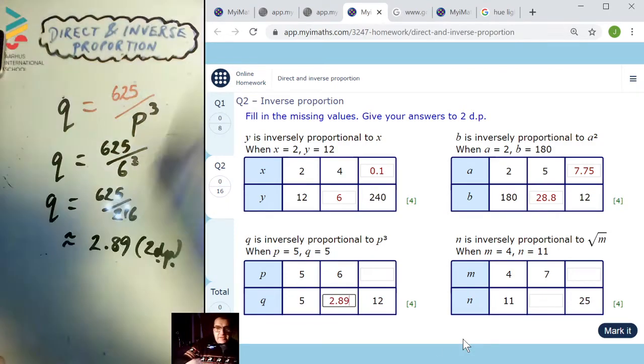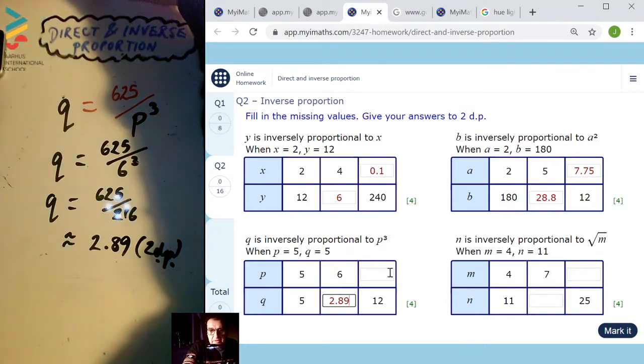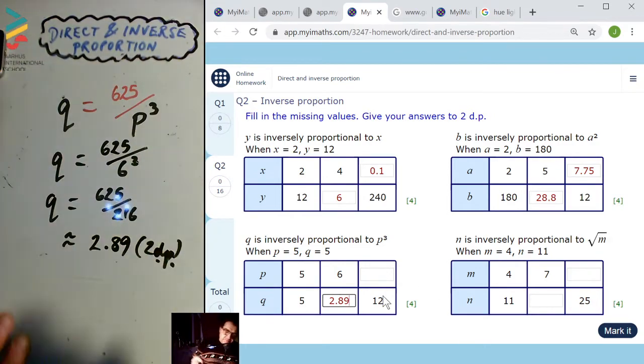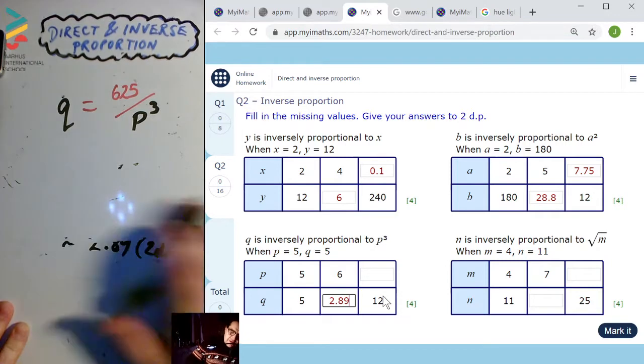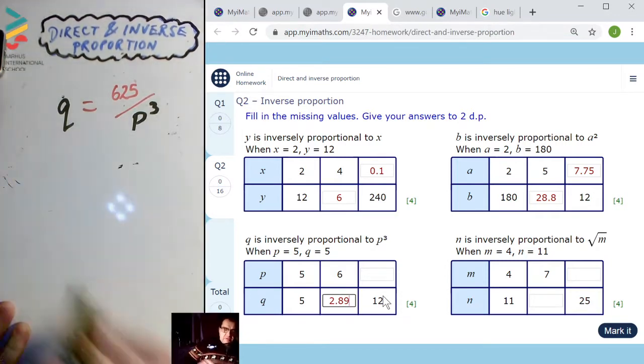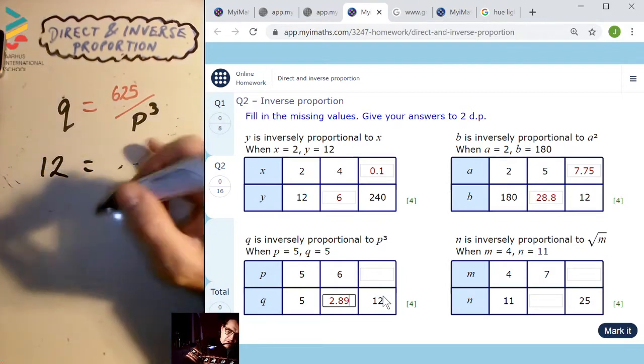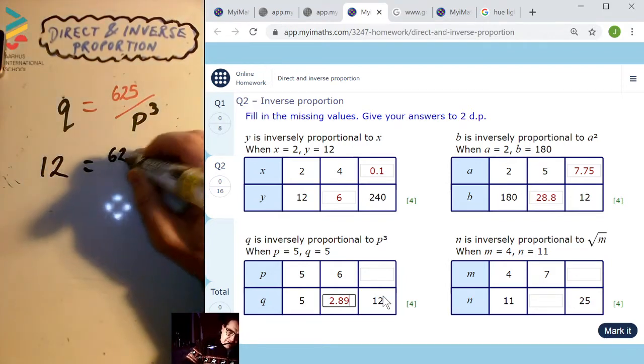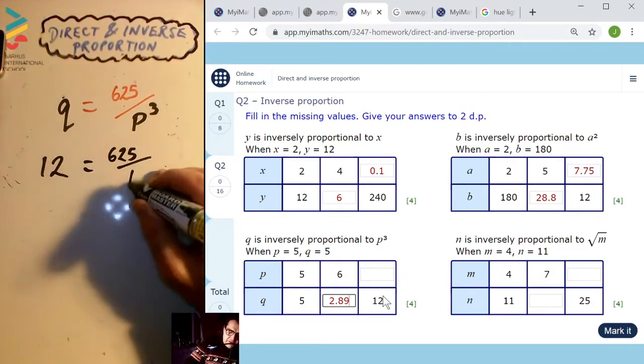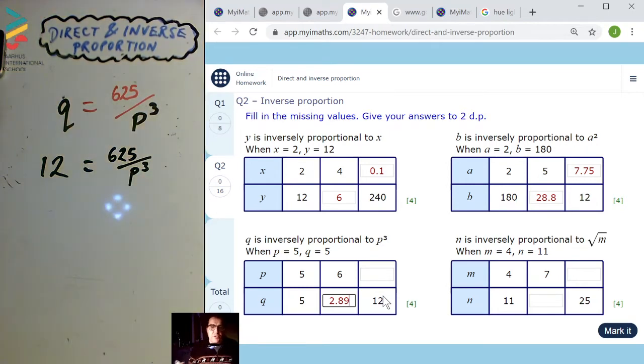Okay, the next thing is we've got to figure out what p is when q is 12. So again, take the original thing and replace the q with a 12, and we get 12 is equal to 625 divided by p cubed, and we want to figure out what p is.